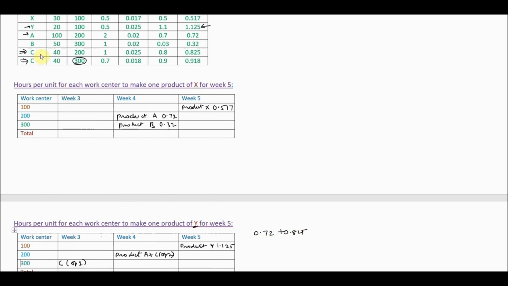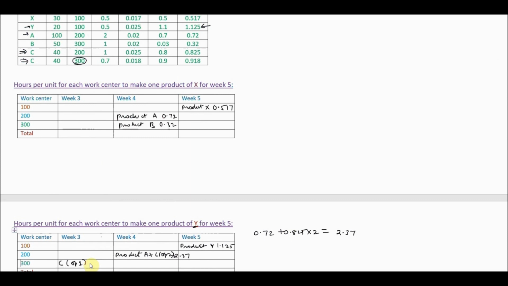But as we were given in the bill of material, each Y requires 2 quantities of C. So the operation will have to be done for 2 components of C. So this multiplied by 2, and this will give you 2.37 hours. So this here is 2.37.